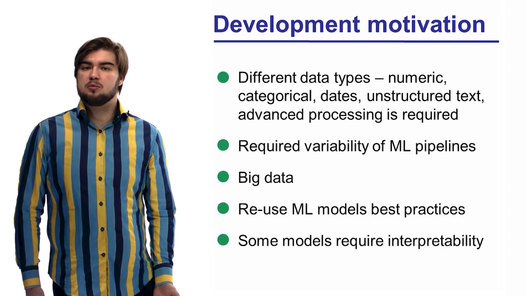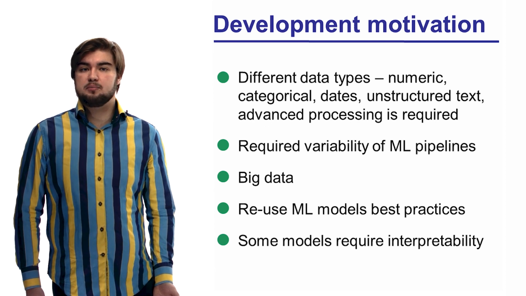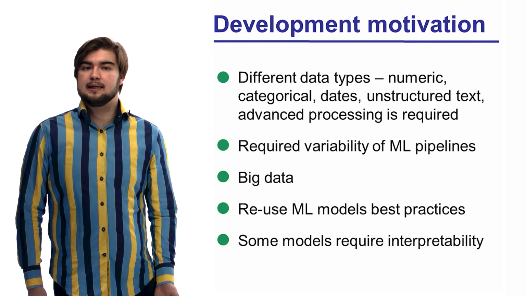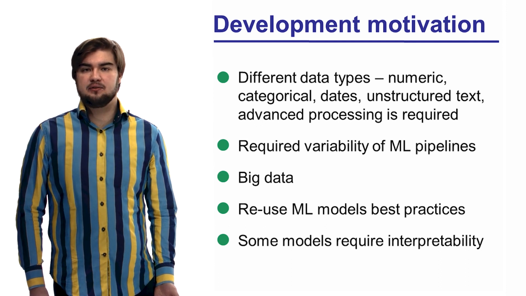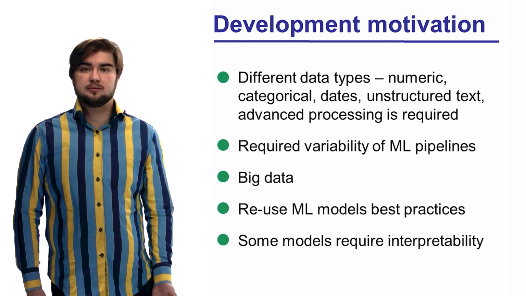Thirdly, we want our pipelines to train fast to maintain big data processing. Moreover, we prefer using ML best practices for pipelines. Finally, sometimes the models have to be interpretable so that we can exactly understand why our algorithm predicts this exact value for this specific object.